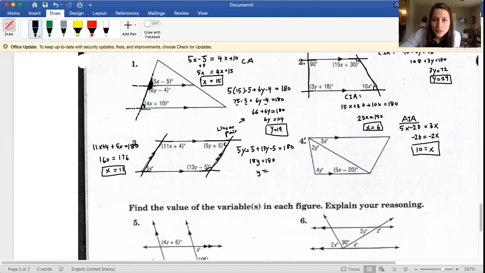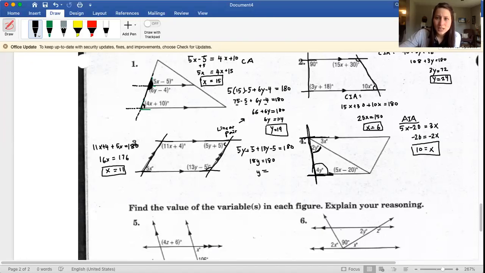Now, looking at this line here, we need to solve for y. So be careful. When I look at where my transversal is, that cuts through 4y and 2y there, what I realize is 4y is this whole angle, and 2y is just part of this angle.